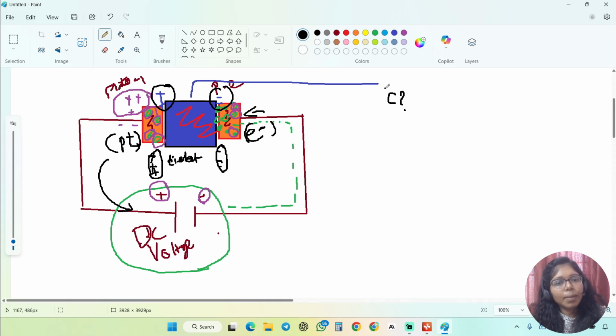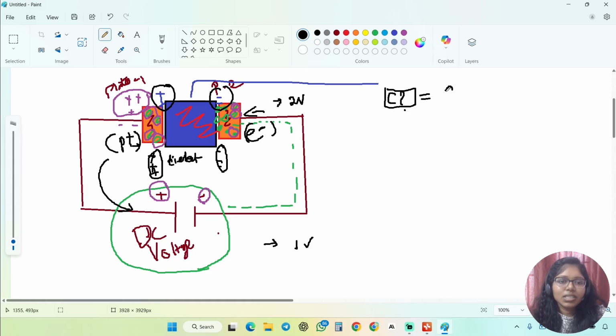But here, how much capacity, that means how much voltage you have been given, and at the same time how much charge gets stored here. When you find these two values, you can easily find what the capacity of this capacitor is.